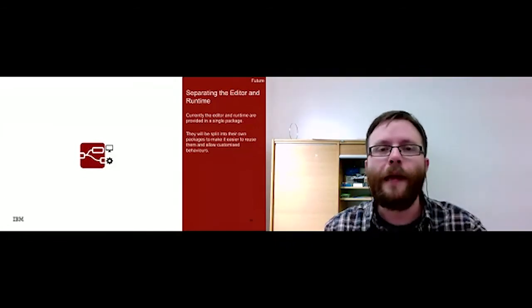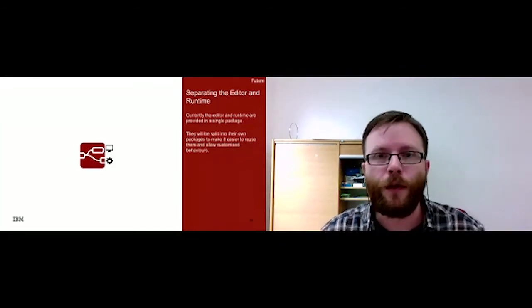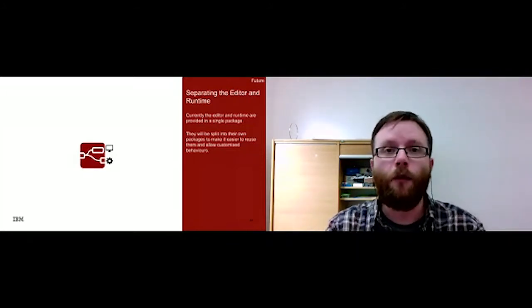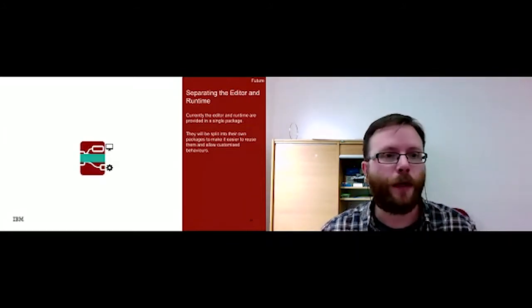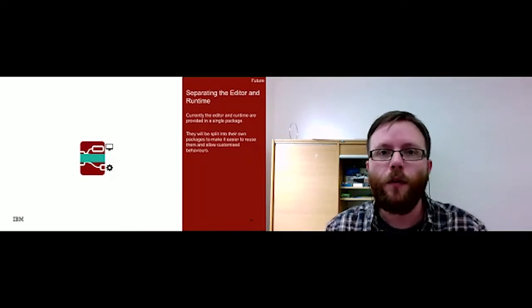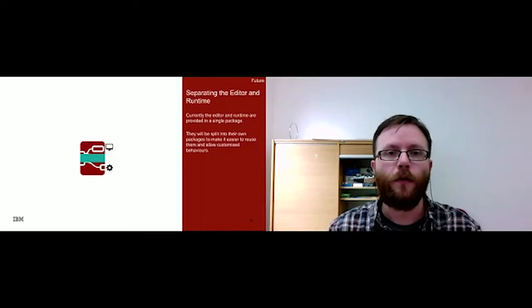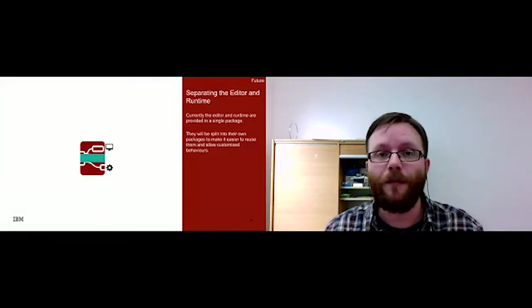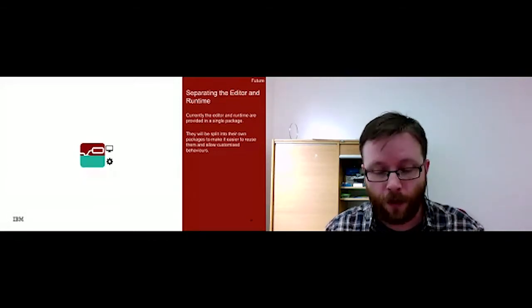One of the perhaps less obvious to the end user features we're looking at is splitting out the editor from the runtime. Currently they are packaged as a single object, and we're going to look at separating the packaging out so they become two distinct things. Node-RED as it exists today would still exist as almost like a meta package that pulled those two things together.